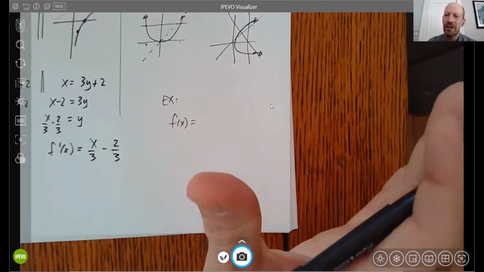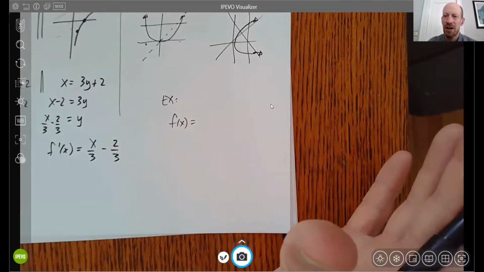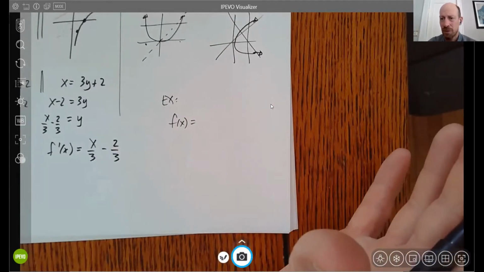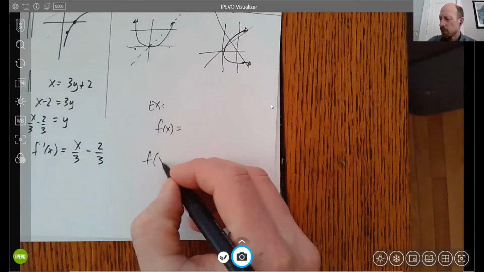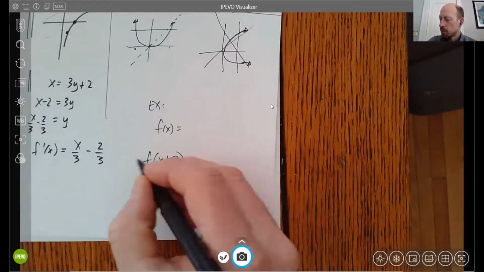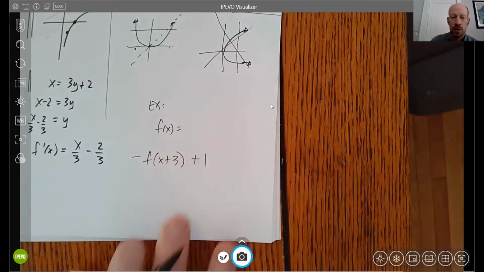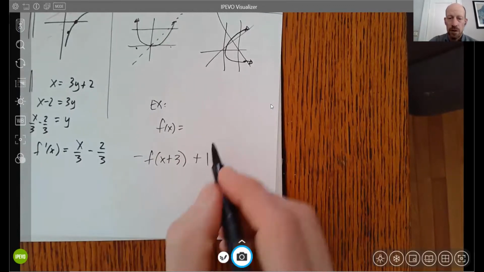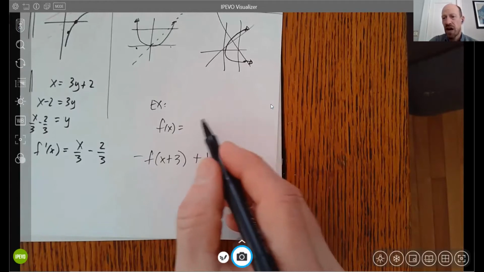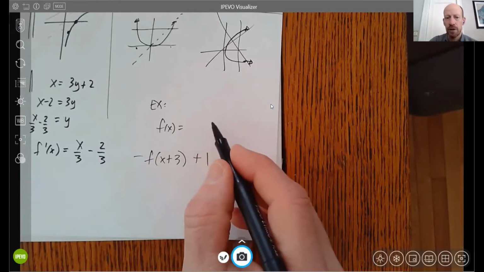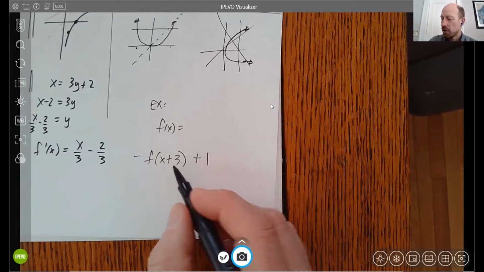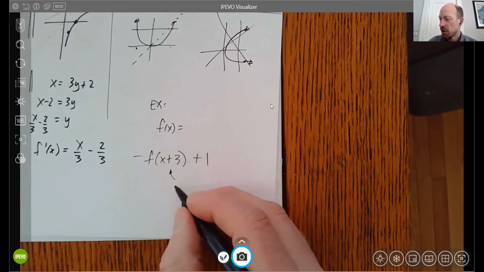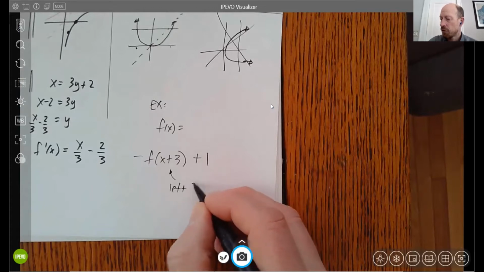The whole point of transformations is it doesn't matter what your starting graph is. What matters is what's been done to it. So if you look at this, it matters not what graph I started with. If I add 3 to the x, this transformation is going to move the graph left 3 units.